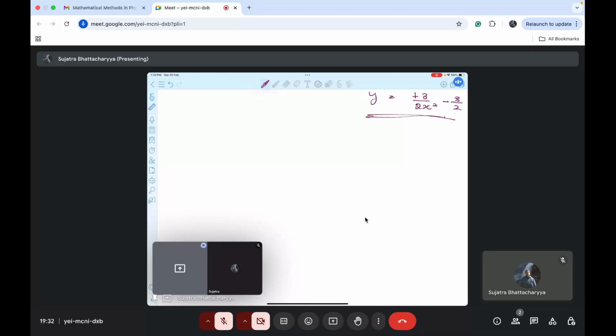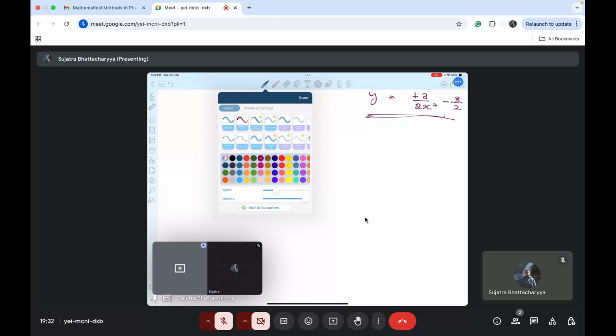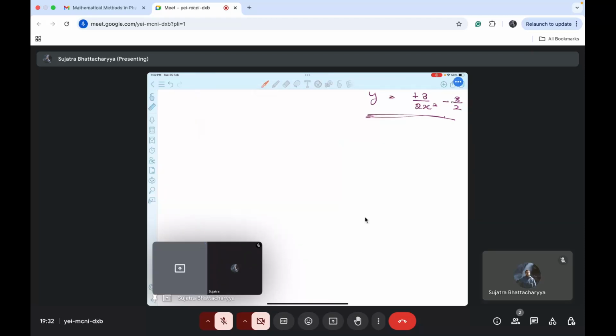Now, the last part of today's content is the solving of second order linear equations with constant coefficients. There are three ways.